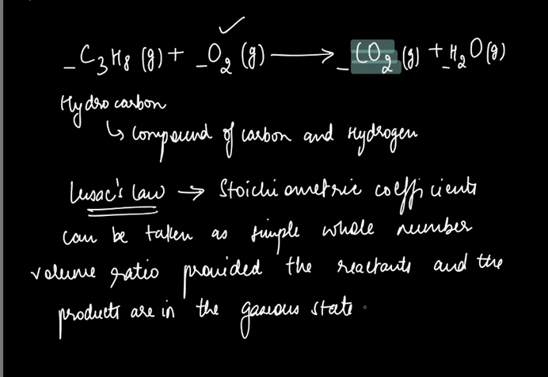Even if one of them is in some other state, solid, liquid, or aqueous, then we can't apply this law. This is only for equations where the reactants and products are in the gaseous phase. Only then can we use it.